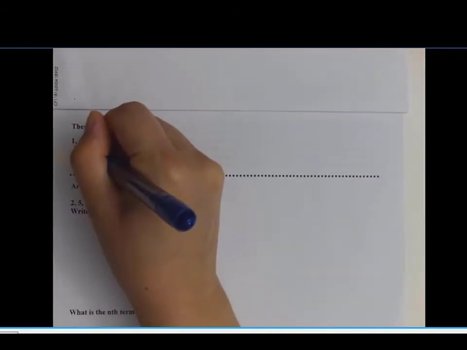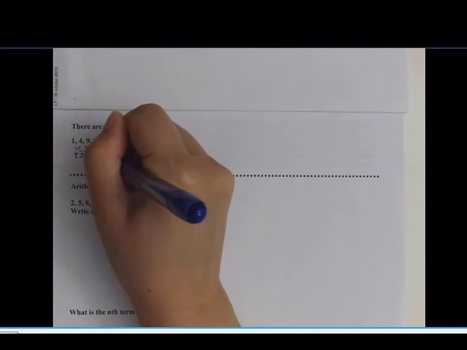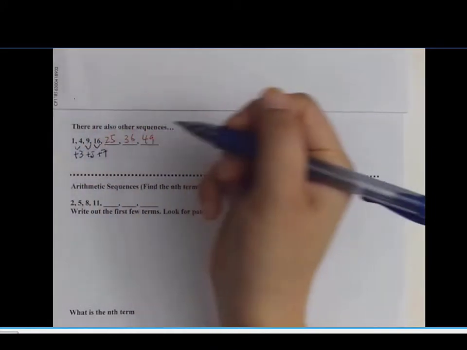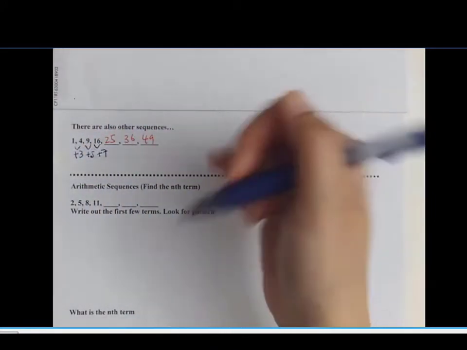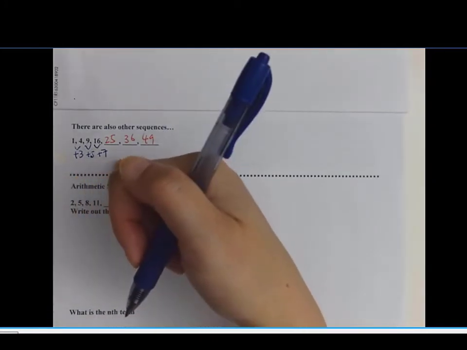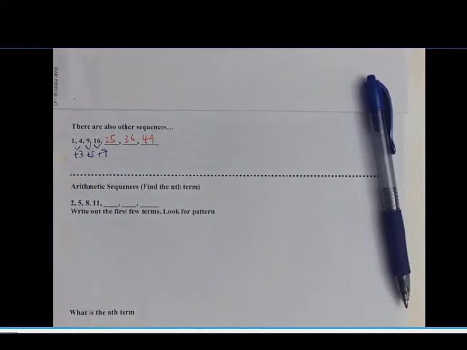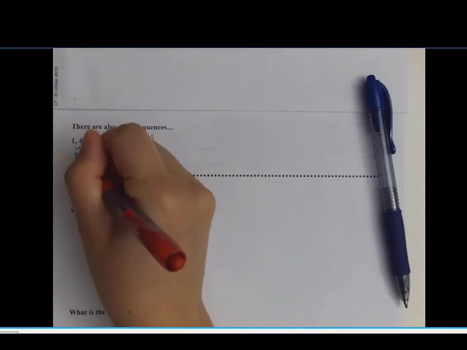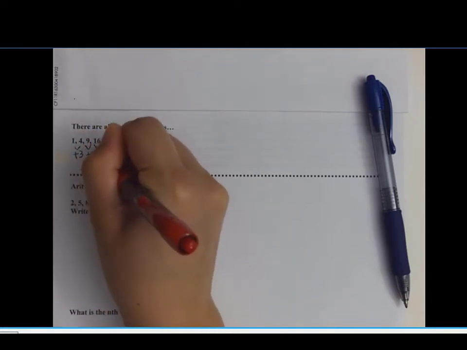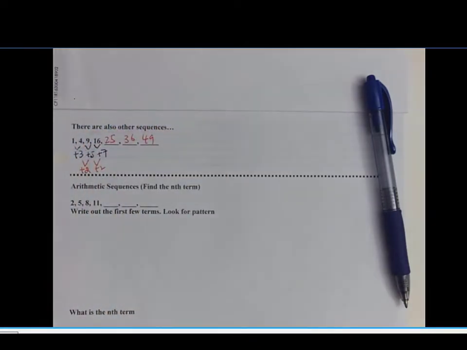From 4 to 9 add 5, from 9 to 16 add 7. So it looks like they are adding consecutive odd numbers, right? And if you look one layer below that, there are 2 units between each of the numbers.